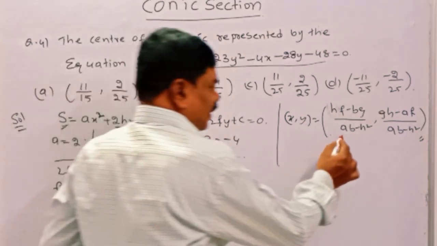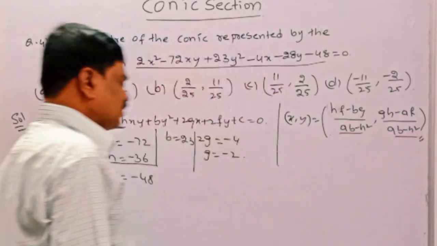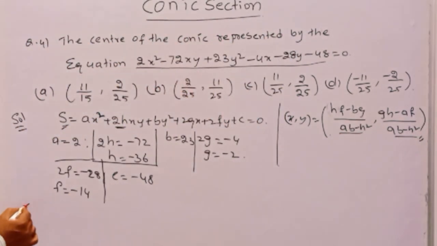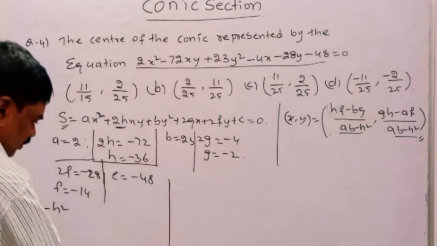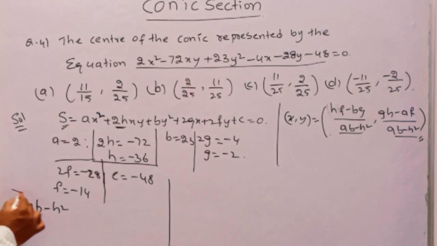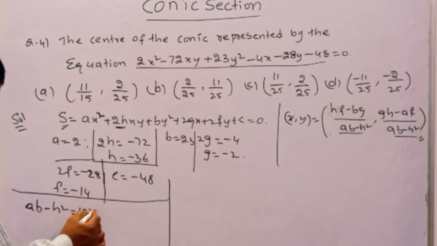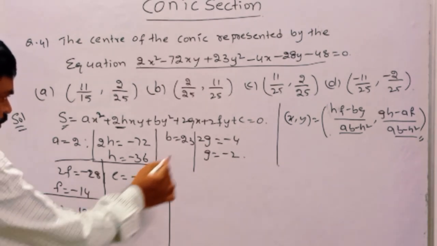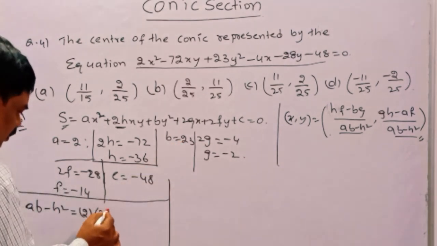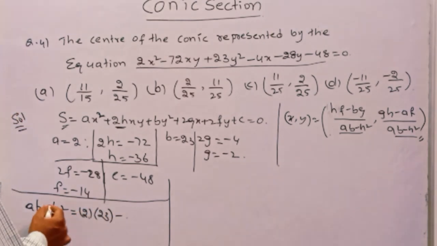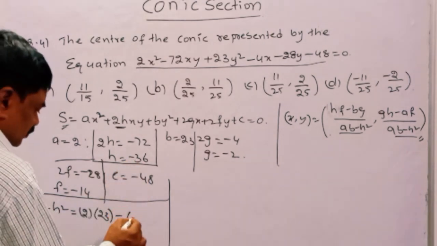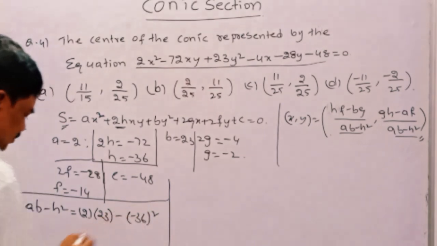Then you have to find the ab minus h square first. ab minus h square: a is equal to 2 into b value 23, minus h square, h is equal to minus 36 whole square.